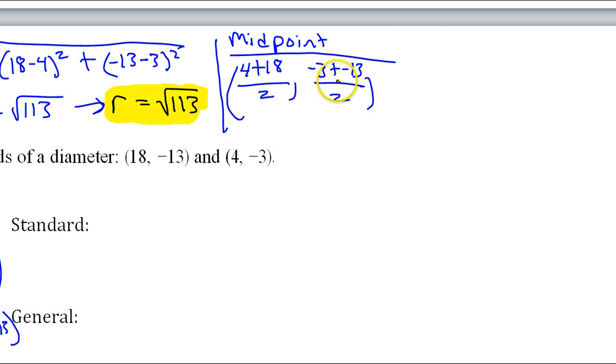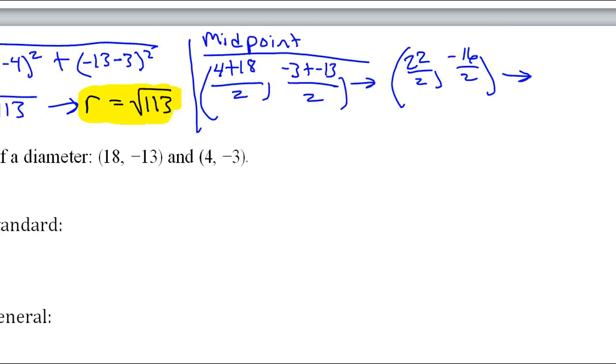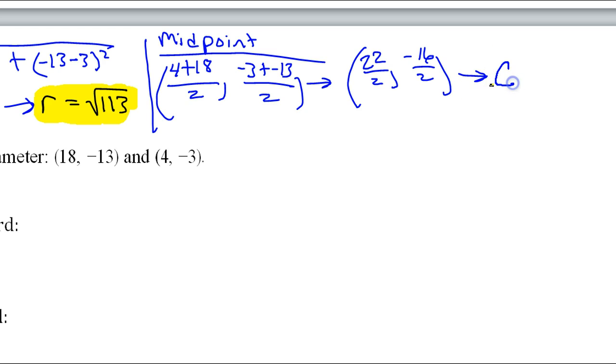So that's going to be 22 divided by 2, which is 11, and negative 16 divided by 2. This midpoint will be the center, so I'm going to put a C in front of it to remind me. So the center is going to be (11, -8).